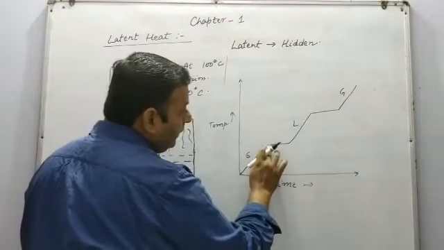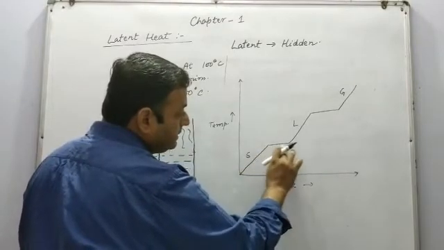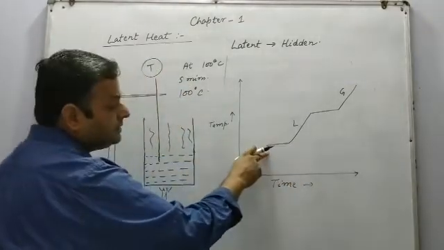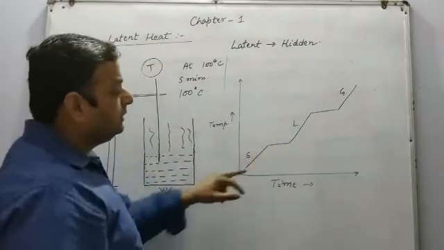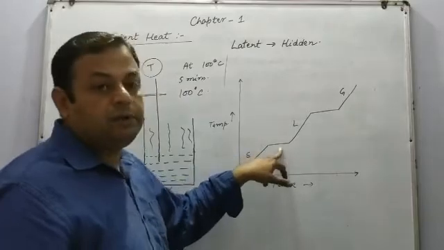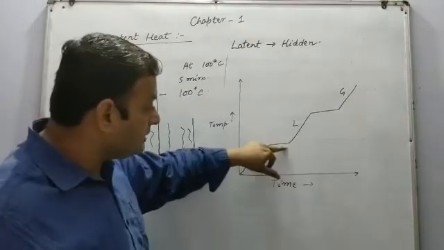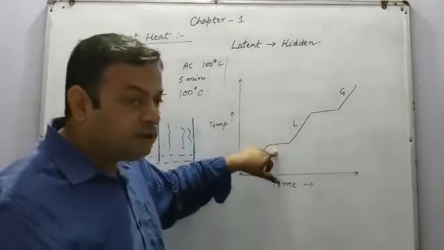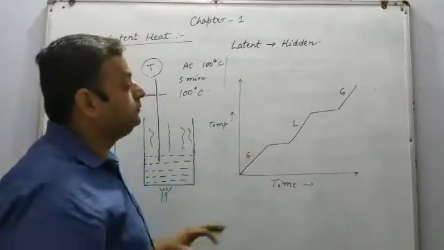So at this juncture, where there is a parallel line to the x-axis, this parallel line represents the steadiness of the temperature, that the temperature remains constant, or this line shows the change of state.